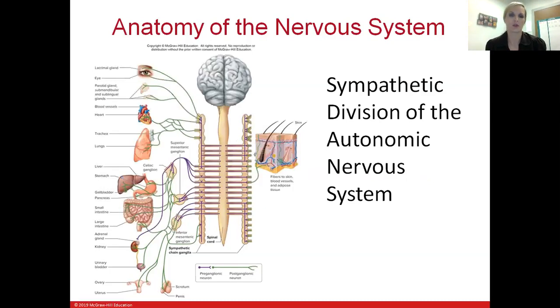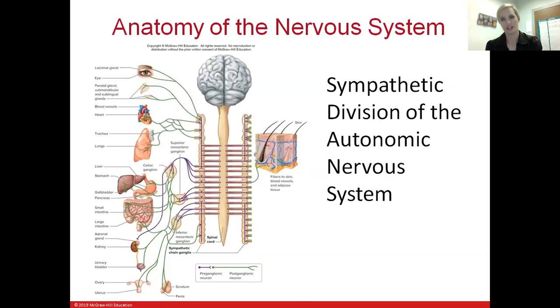The more noticeable things: we breathe heavier and our heart beats faster. That's the big thing that I focus on for a test, that when our sympathetic nervous system is active, then we are in a stress response. And those are the most important responses that you will think of. So that's what that division is doing.